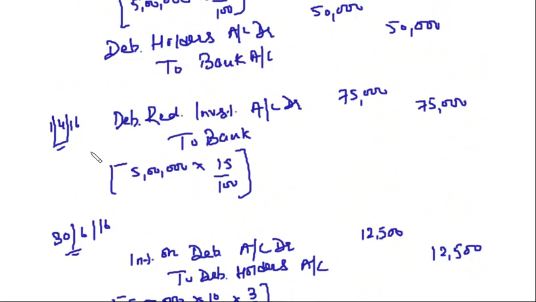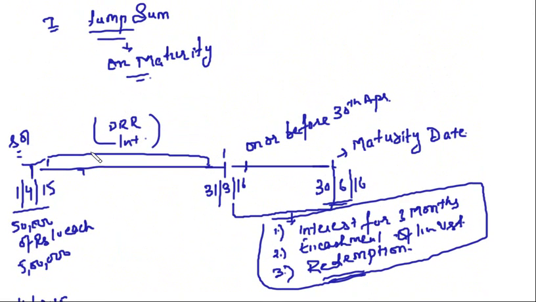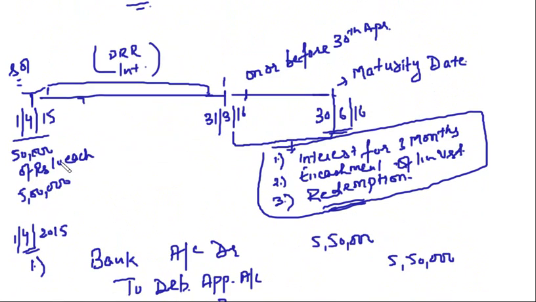So this is how you are going to deal with the question on lump sum redemption. Always draw this map. This is definitely going to help you. Divide this into periods. In the first period, we dealt with DRR. We created DRR. Then we dealt with interest as it was given in the question. Then in the second period, we have the redemption due in this financial year.